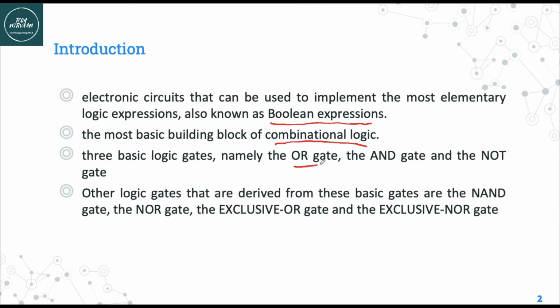The names are OR gate, AND gate, and NOT gate. We will study these three gates in this video. The other logic gates that are derived from these are NAND gate, NOR gate, exclusive OR gate, and exclusive NOR gate. We will study them in another video. So let us start.